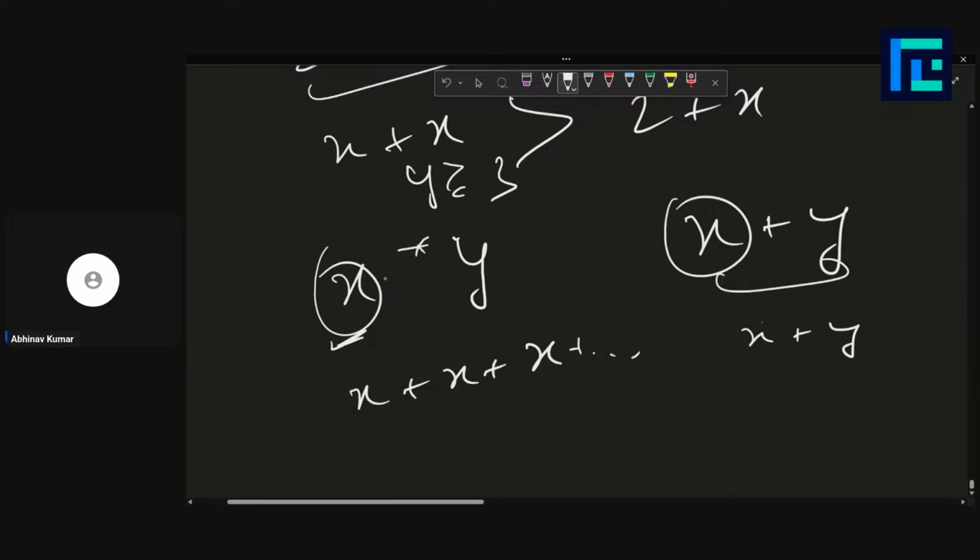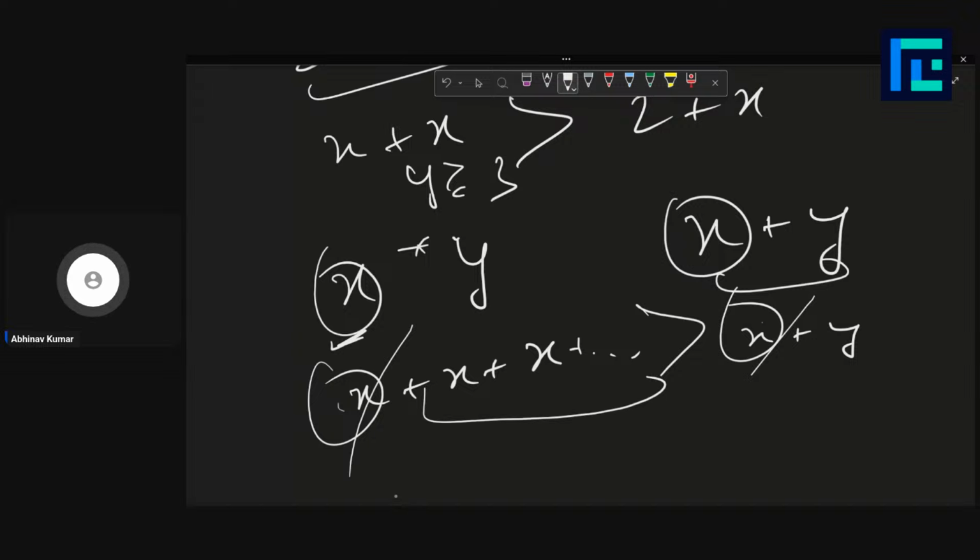So this thing would be greater than y. This thing gets cancelled out, and adding this x, y times, that is y minus 1 times, is greater than y itself, since x is greater than 2. Even if x is 2, it would be 2y at least.